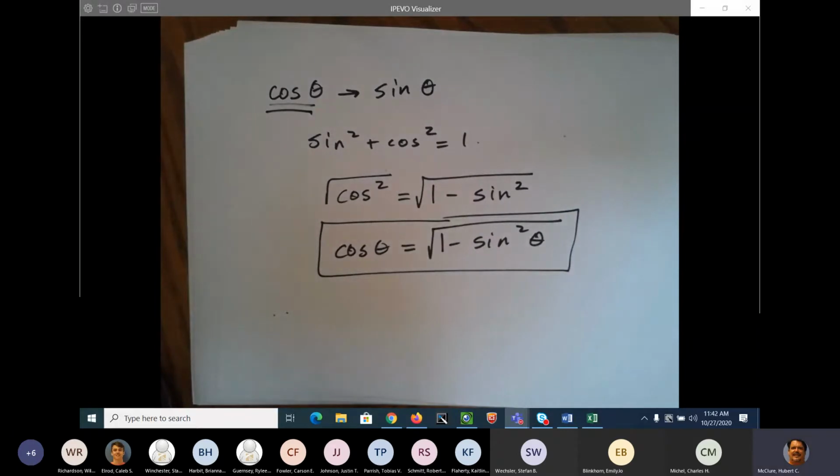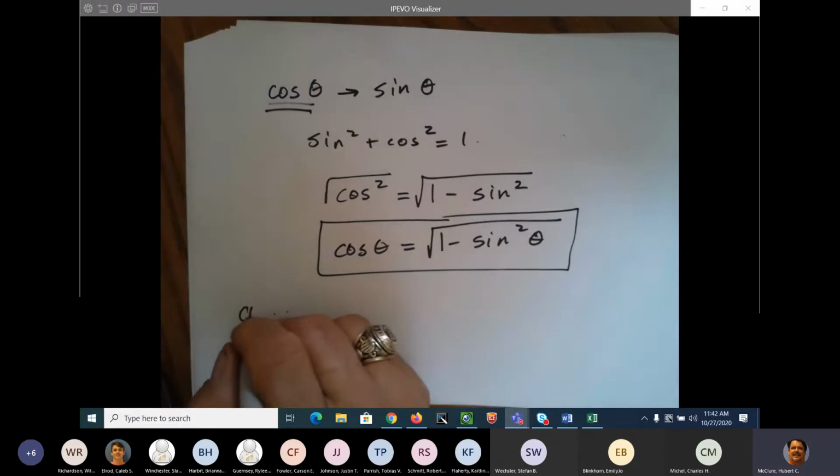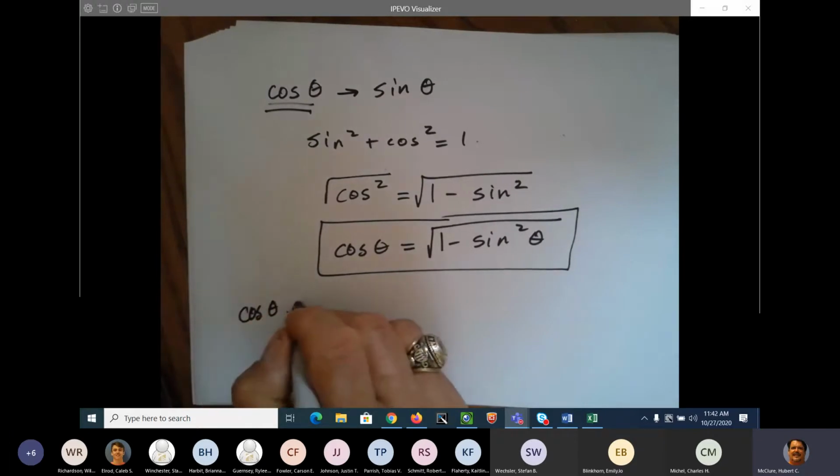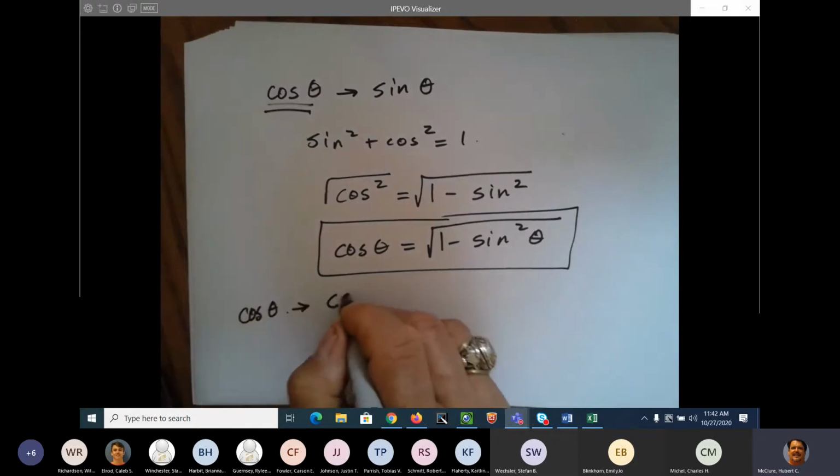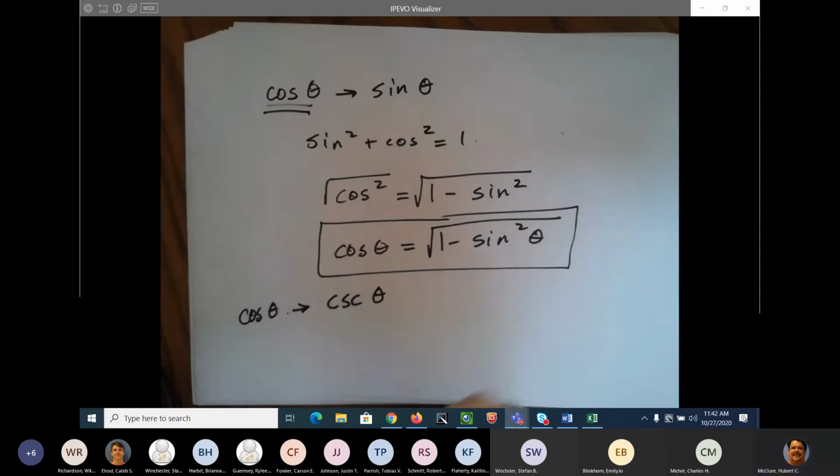The third one is I'm going to rewrite cosine in terms of the cosecant. And the first thing I'm going to do is solve my reciprocal identity, not my reciprocal identity, but my quotient identity.